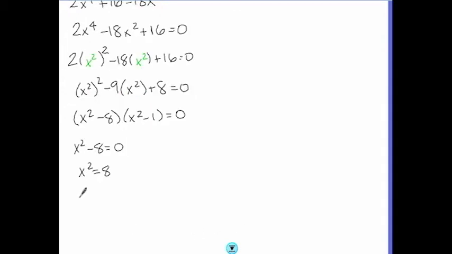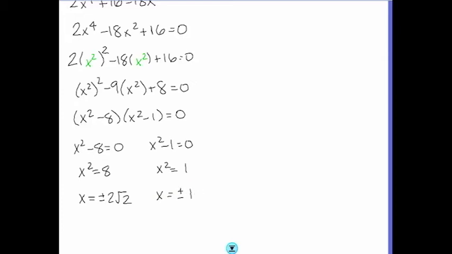So x is going to be square root of 8, which can be simplified to 2 square root of 2. If I have x squared minus 1 equals 0, I get x squared equals 1, and I take the square root of both sides to get plus or minus 1.